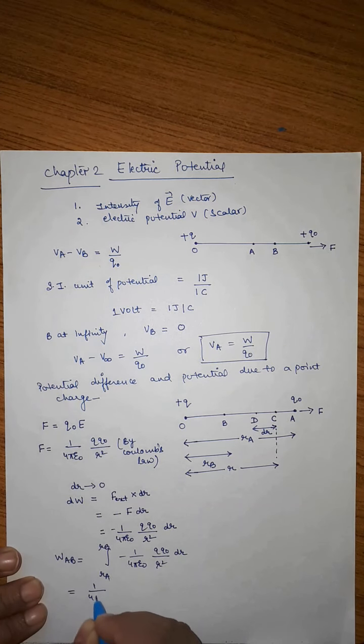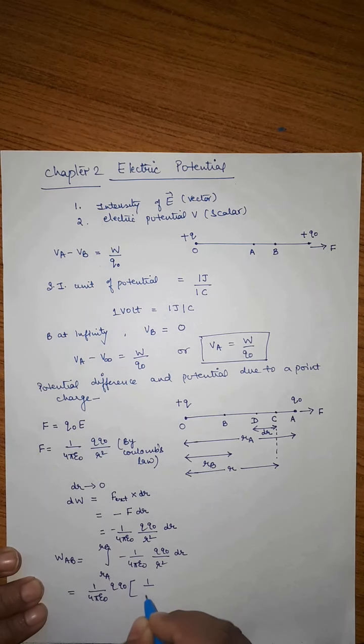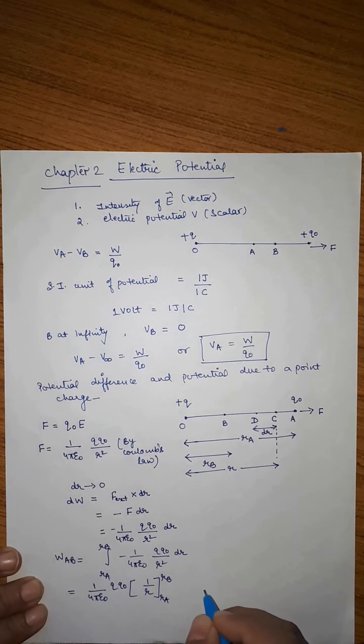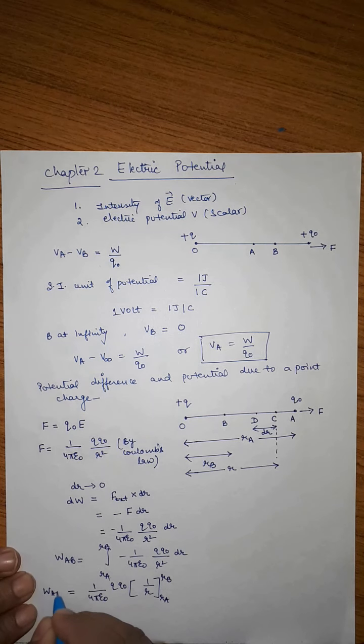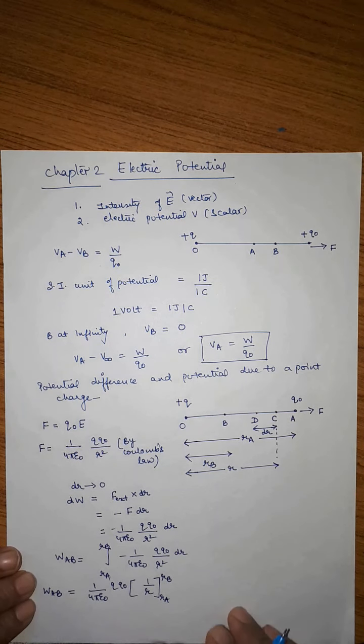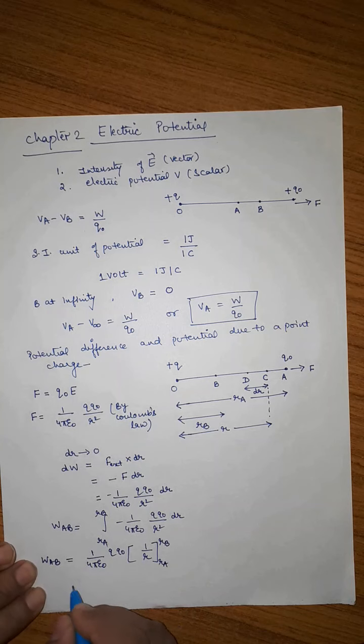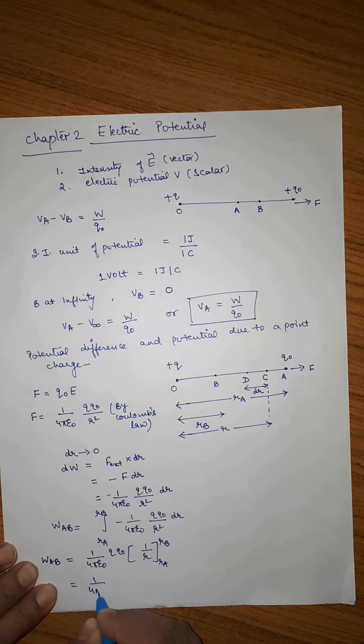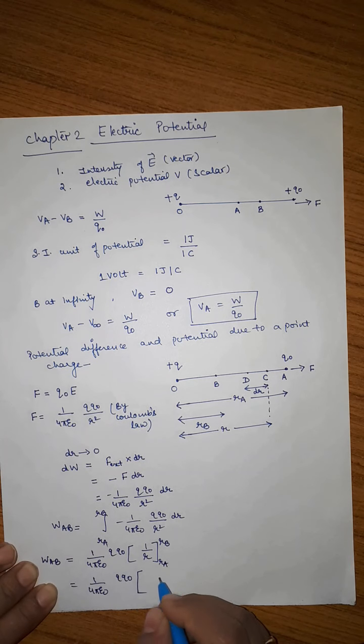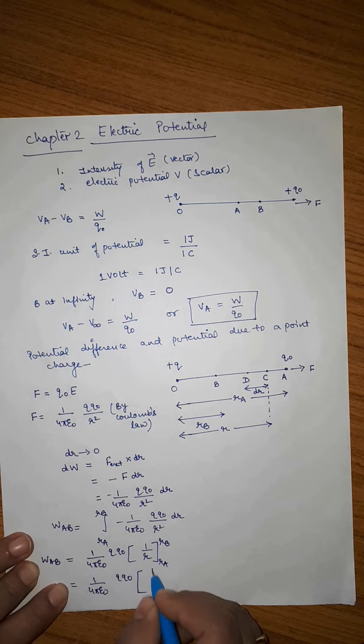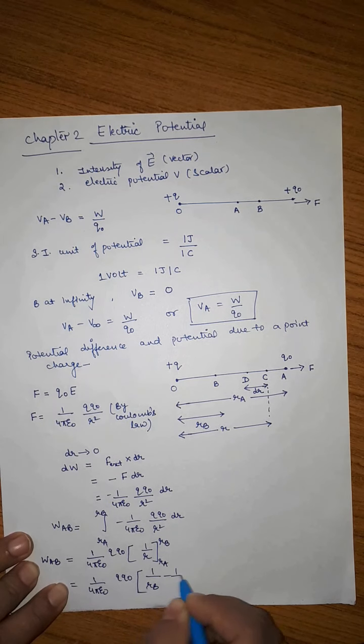And after integrating, and putting down the limits, we will get 1 upon RB minus 1 upon RA.